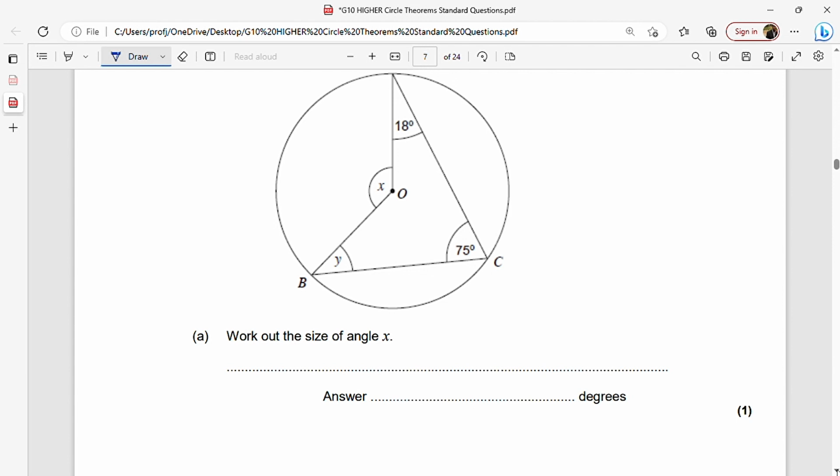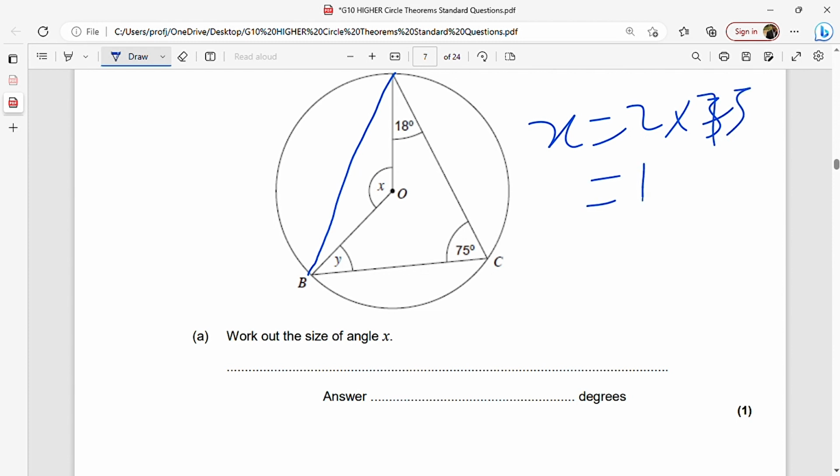We are working out the size of angles X and Y. When I join these two parts together, it's easy for me to get angle X, because the angle at the center is 2 times the angle on the circumference. So I already have X is equal to 2 times 75, and 2 times 75 is 150. So here is 150. That's angle X.